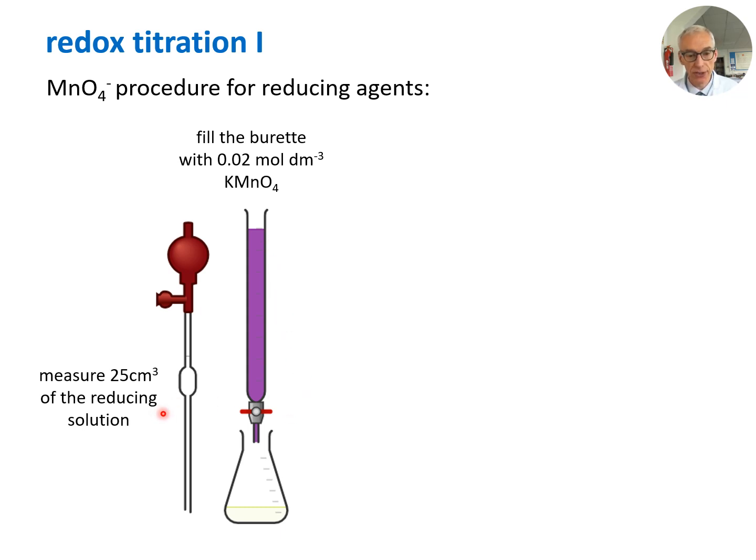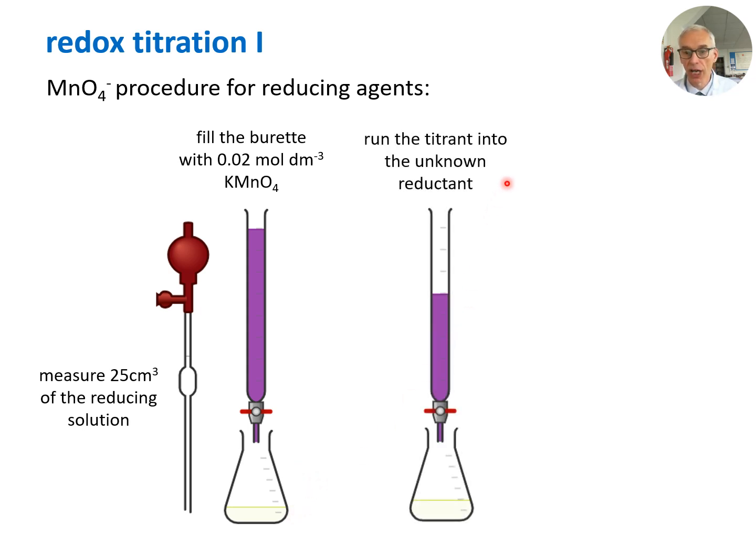Measure out 25 centimeters cubed typically of the reducing solution using a volumetric pipette. Transfer that into the conical flask. Run the permanganate, the manganate 7, into the conical flask.